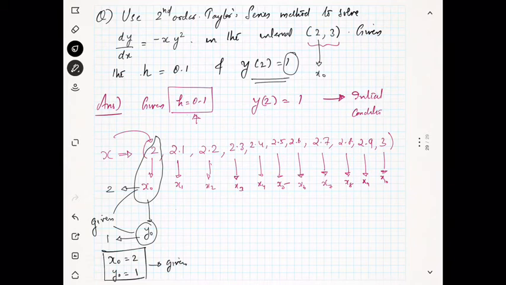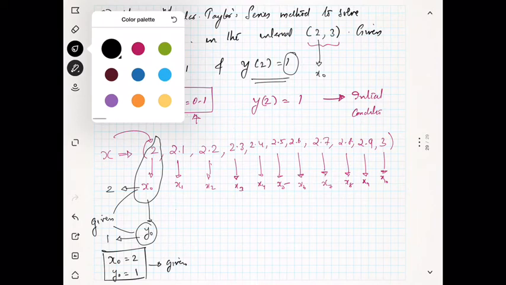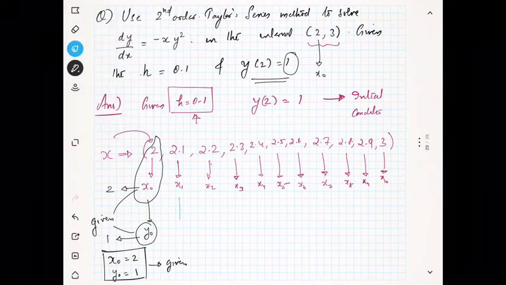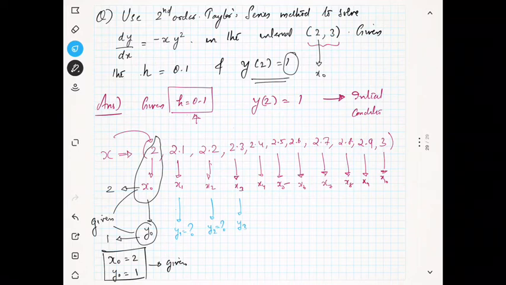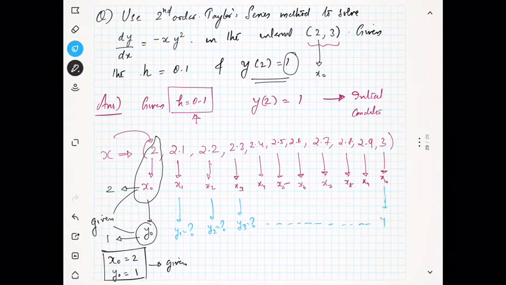Now we want to find, for x1 what is y1, for x2 what is y2, for x3 what is y3, and so on up to x10, what is y10. We want to find all the values, and that is nothing but the solution of the differential equation. I hope this is clear.